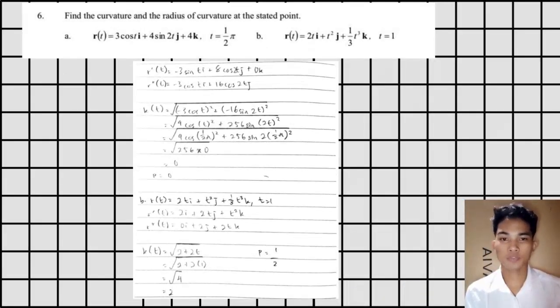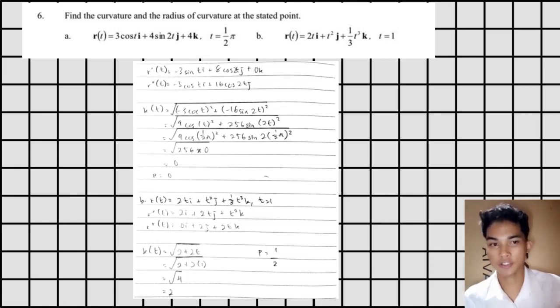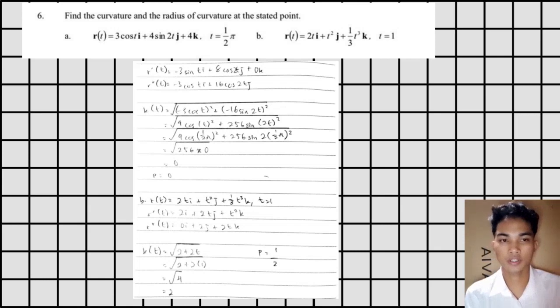Okay, so now we move to the next question, question 6, which is find the curvature and the radius of curvature at the stated point. It gives two equations. Equation A, r(t) equals 3 cos t i + 4 sin 2t j + 4k, and given t equal to 1/2 π.